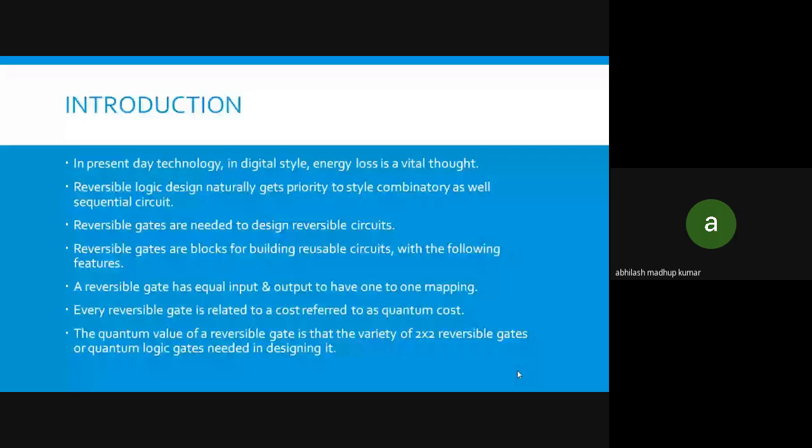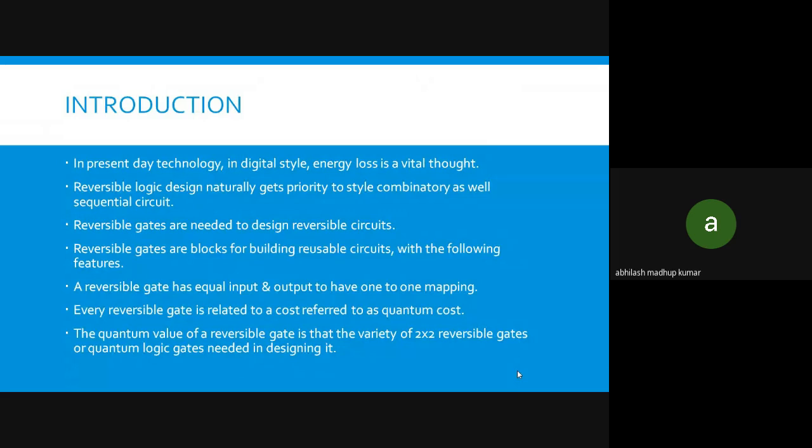Now coming to some basic definitions associated with reversible logic. A reversible function is a multiple output Boolean function of n Boolean variables. Then we have the reversible logic gate, where the number of inputs is equal to the number of outputs.